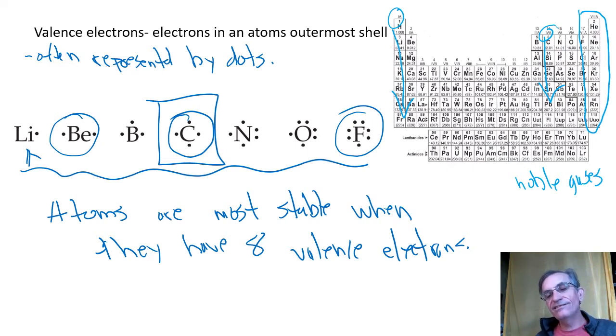So what they're going to do is they're going to try to get together with other atoms to end up with 8. So maybe we should write that down. So atoms are most stable when they have 8 valence electrons.